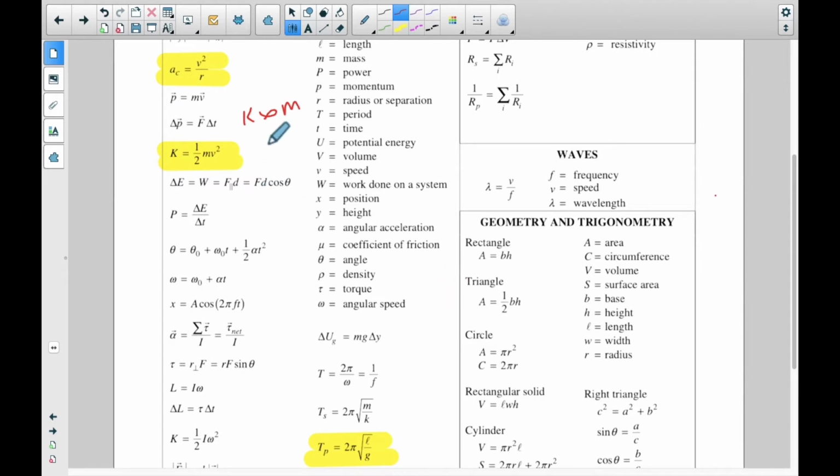The advantage to direct relationships is that if we graphed them, we could see that there is a linear relationship. So if I graphed this, where kinetic energy was here and mass was here, I could see a straight line as a relationship. Whereas if I plotted kinetic energy against velocity, that's not going to be a straight line because it's a v squared, so it's going to have some sort of a curve to it.